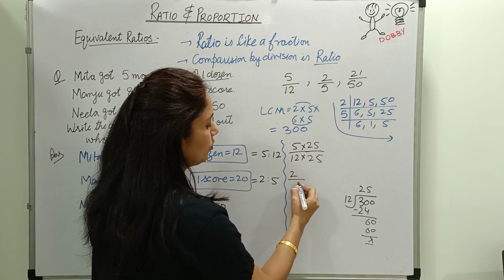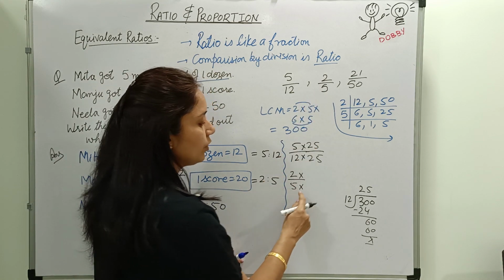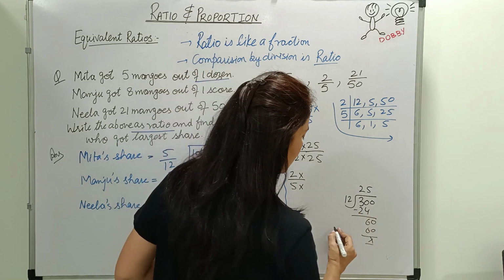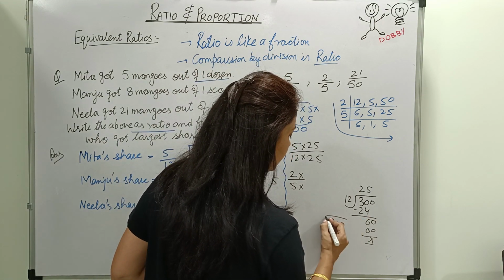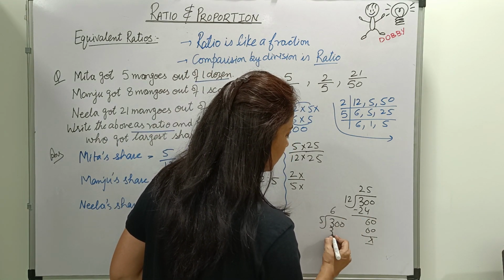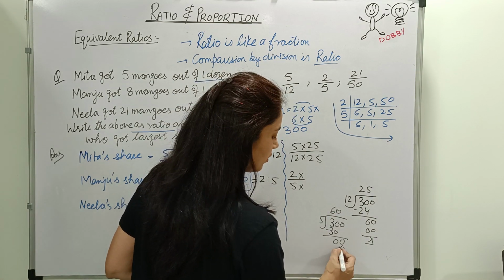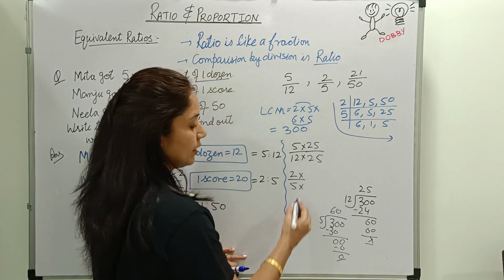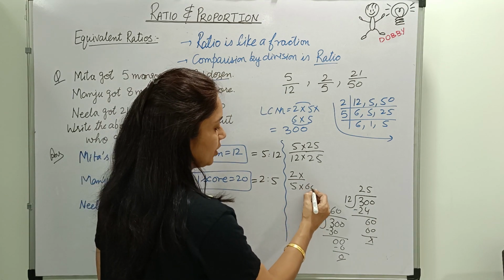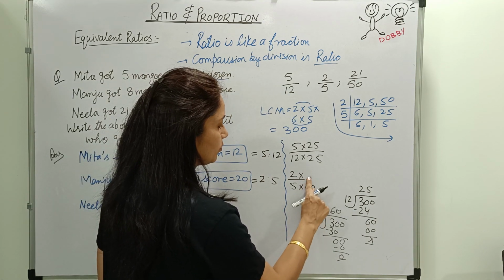Next fraction, 2 upon 5. How can it be 300? Let us divide 300 by 5. 5 sixes are 30. Copy 0 down, not divisible, so table of 0 will work. That means 60. The quotient we got is 60.